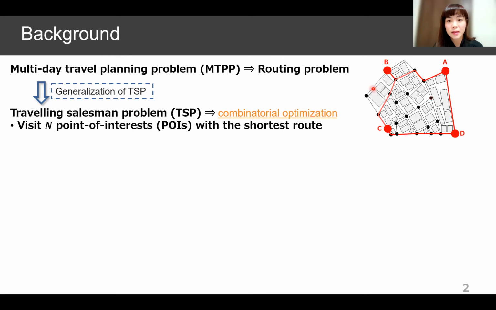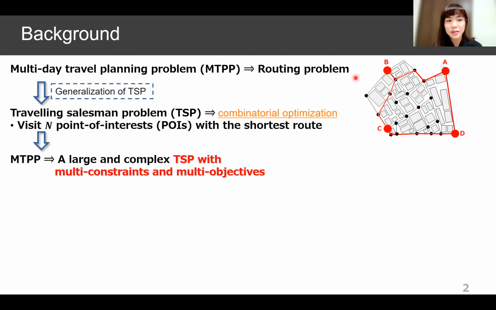In the traveling salesman problem, given a bunch of POIs A, B, C, D, we start from point B and visit the rest of the POIs C, D, A one by one, and finally we return to B. The route among A, B, C, D should be the shortest.